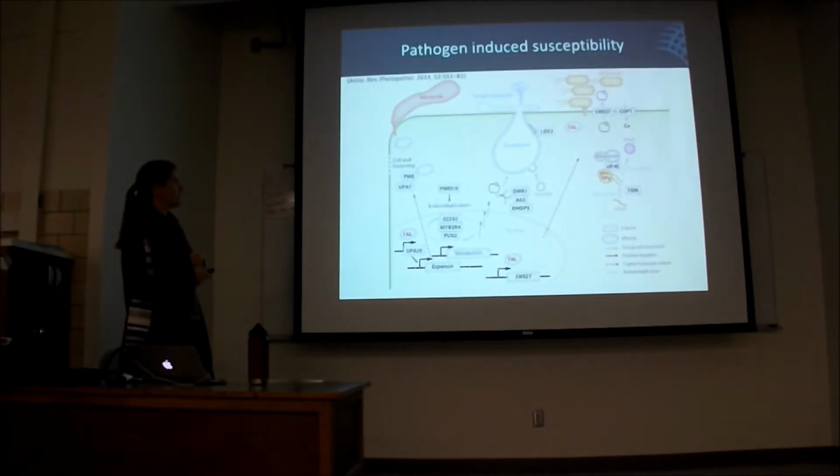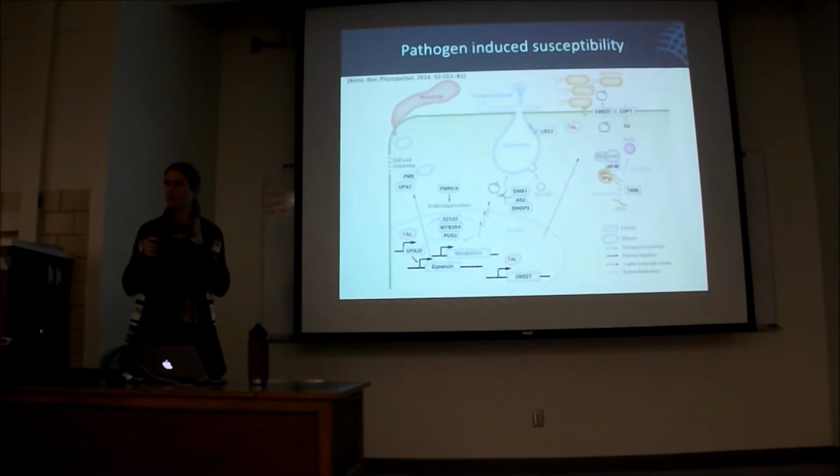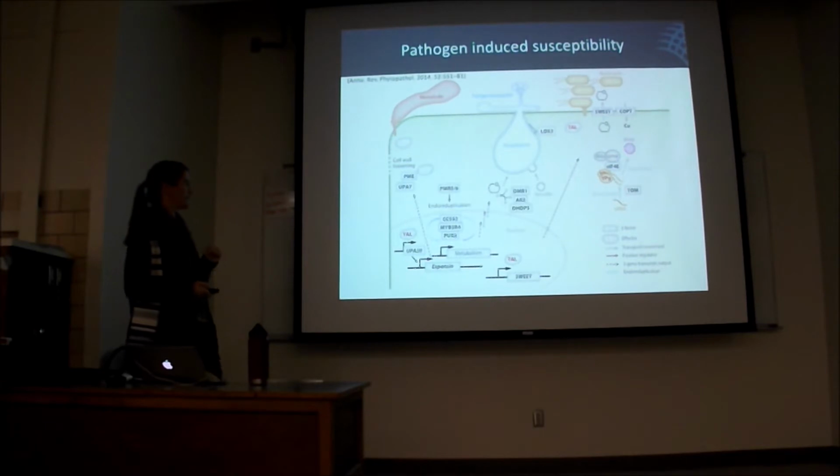We've also been able to observe on a molecular level how plants become susceptible and how pathogens can actually use mechanisms to proactively create that susceptibility. And on the host side of my talk, those are the two different dichotomies that I'm going to talk about. I'm going to talk about an active resistance response on the side of the plant, and an active susceptibility process on the side of the plant.